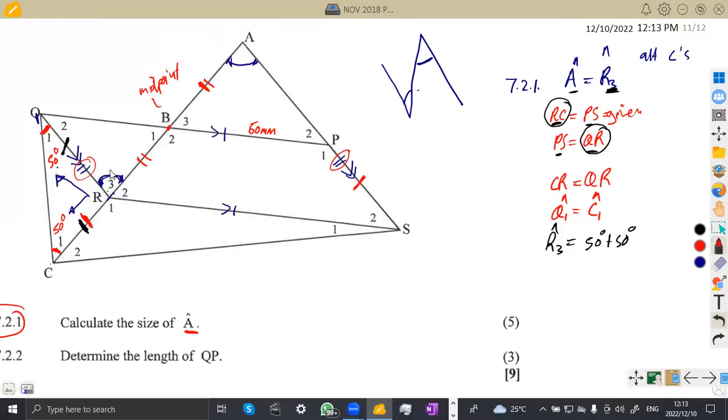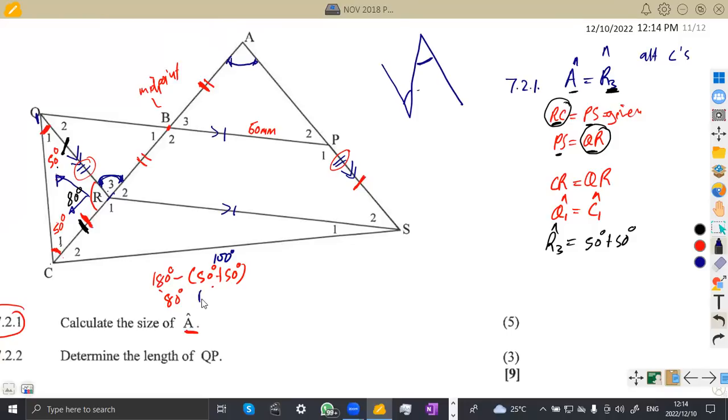Or you can calculate this R inside this triangle by subtracting these two angles from 180, because angles in a triangle add up to 180. So 50 degrees plus 50 degrees is 100 degrees. So it's going to be 180 minus 100, which is 80 degrees. So this angle inside at R here is 80 degrees.